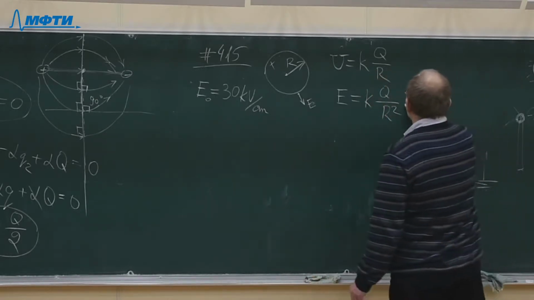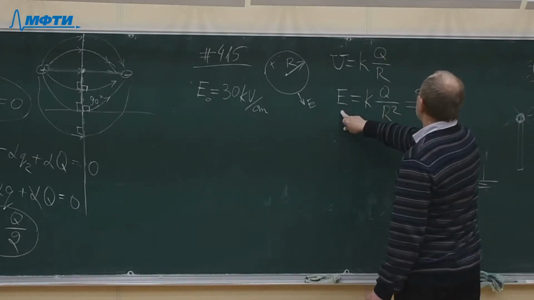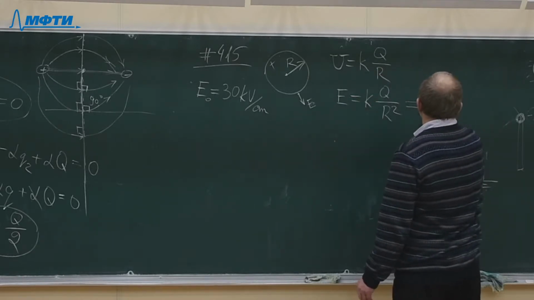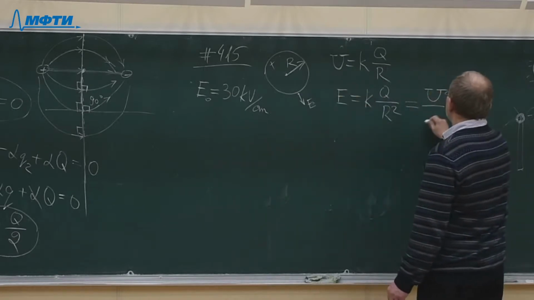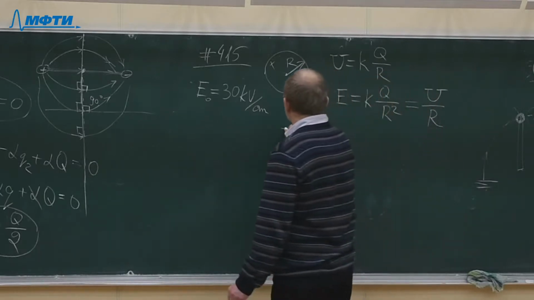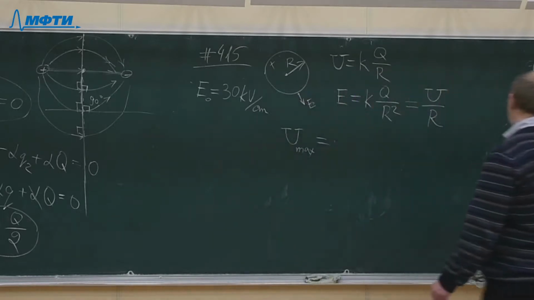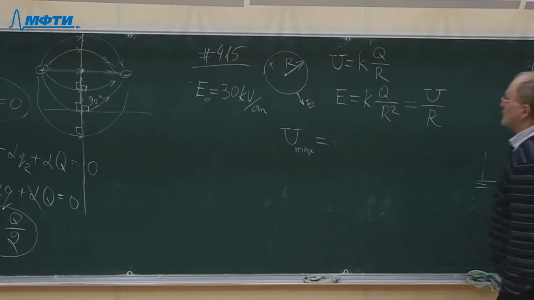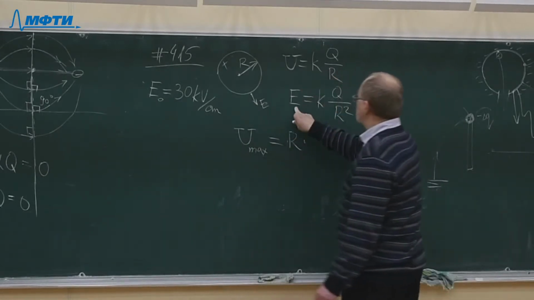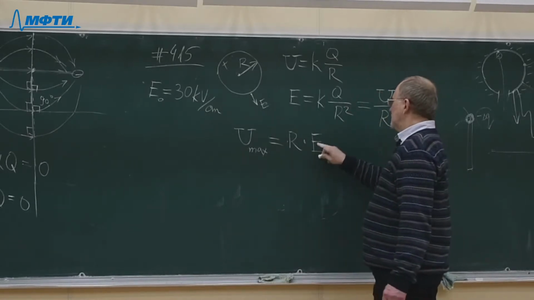And it is obvious that the electric field strength can be expressed as sphere potential divided by R. And so the maximum sphere potential, which can be obtained in such an experiment of increasing the charge of the sphere, the maximum U will be given by R times maximum E, the maximum possible field strength in the air.